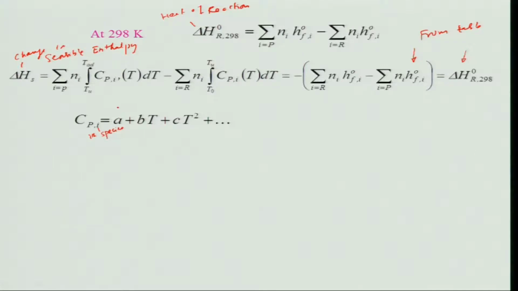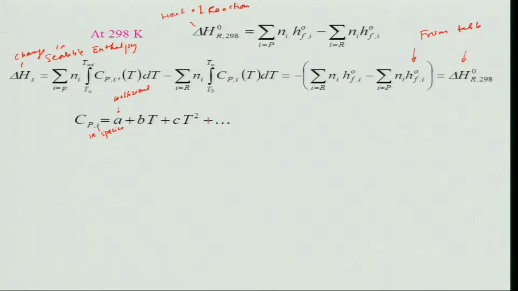These are coefficients, which are to be obtained from the table for a particular species, and these are a polynomial fit. You will see from the Jenner table that these coefficients are valid for a certain range, and another set of coefficients will be used for higher temperature.